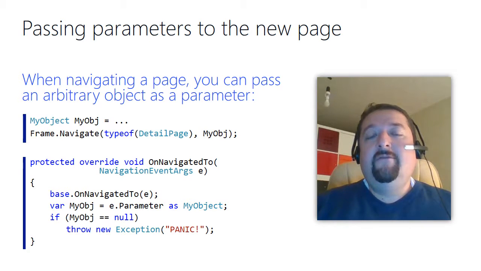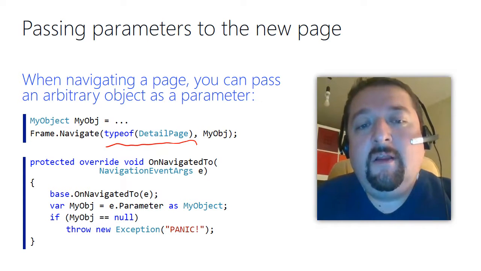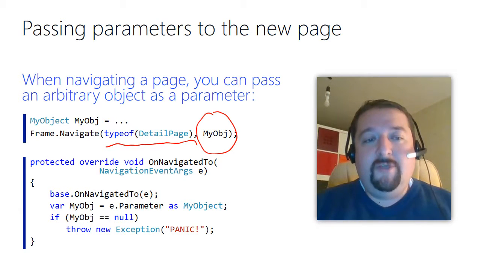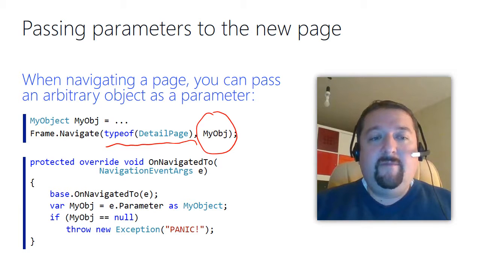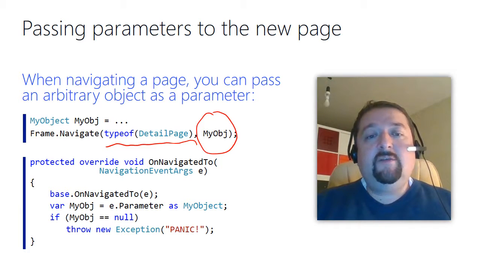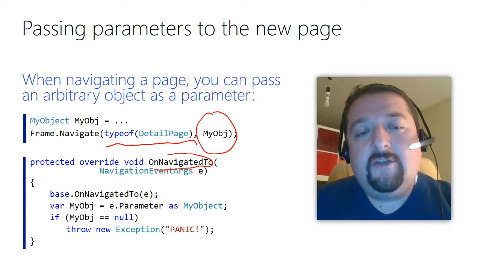In fact, frame.navigate can accept a second parameter. The first parameter is always the type of the page, and the second parameter can be any object. It's an arbitrary object of the type object, and you can pass it to frame.navigate, and on the new page you can retrieve it. The easiest way to retrieve it on the new page would be to override the OnNavigatedTo function.